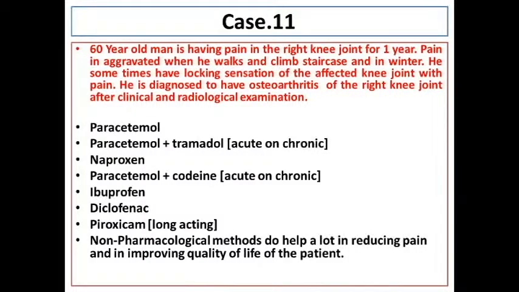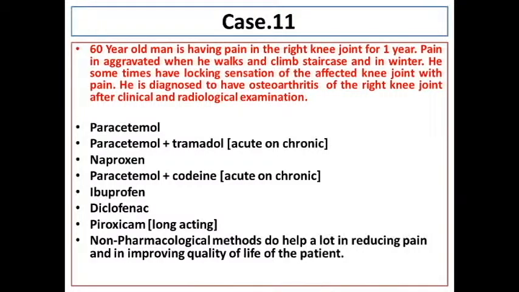You start off with your topical and oral non-steroidals or acetaminophen, and you can build on that. For acute and chronic situations, you add tramadol. At the same time, you can also use intra-articular steroid injections for relief of pain.